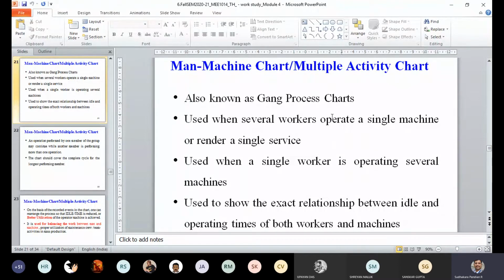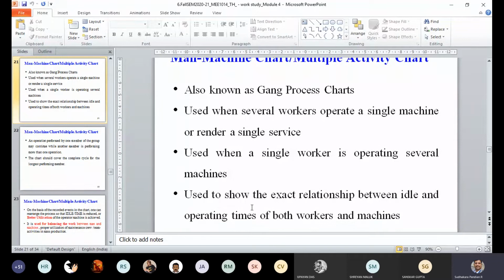Also known as gang process chart, used when several workers operate a single machine or render a single service. Used when a single worker is operating several machines. Used to show the exact relationship between idle and operating times of both workers and machines.